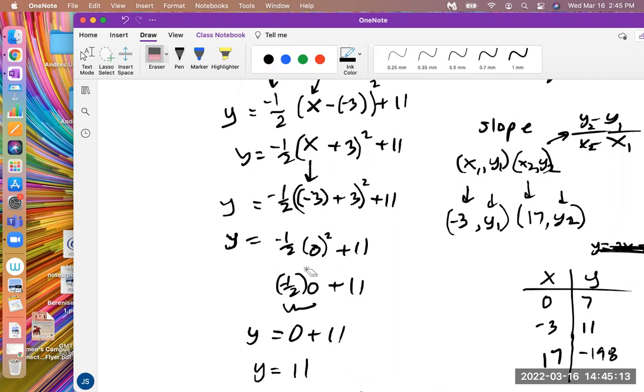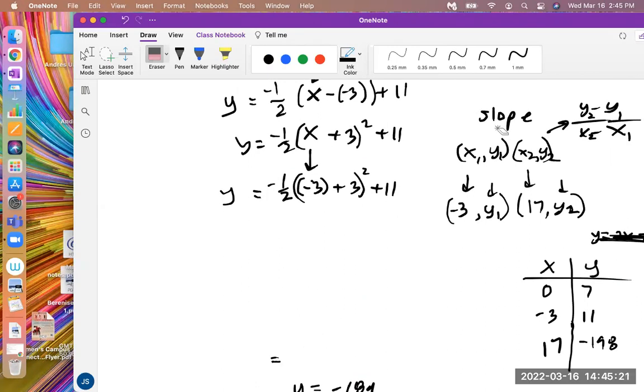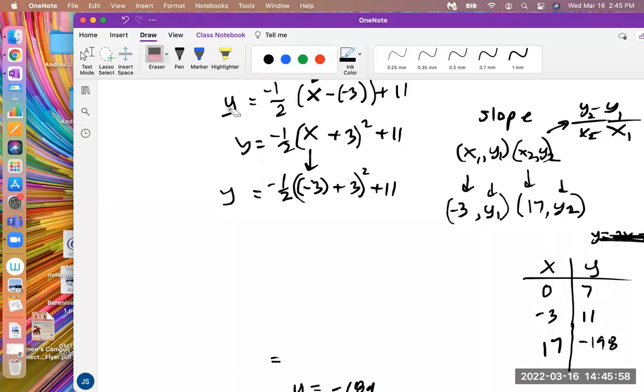Oh, you can see another example of how to do this. Okay, so now I plug in the 17, which we just did a few minutes ago, but I might as well, it only takes a few seconds, and you can verify that I'm going to do the exact same thing as I did with the -3.